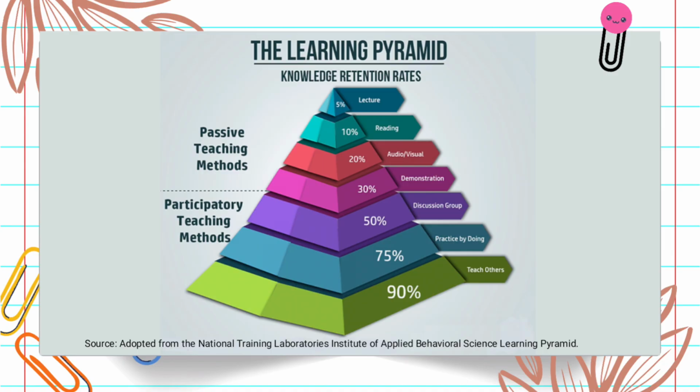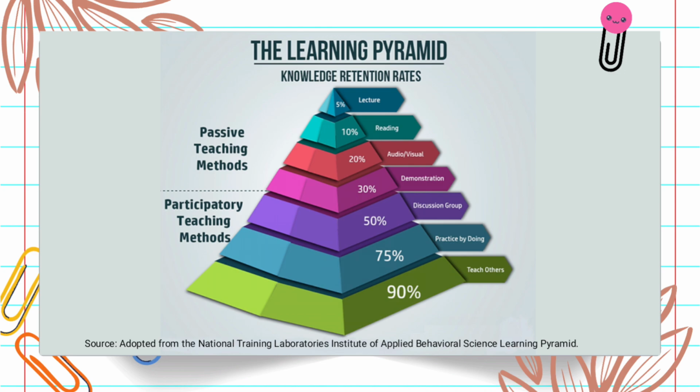We have passive teaching methods from 5% to 30% and participatory teaching methods from 50% to 90%. The retention rate for lecture is only 5%, reading 10, audio or visual 20, demonstration is 30, discussion group is 50, practice by doing 75, and teach others is 90%.